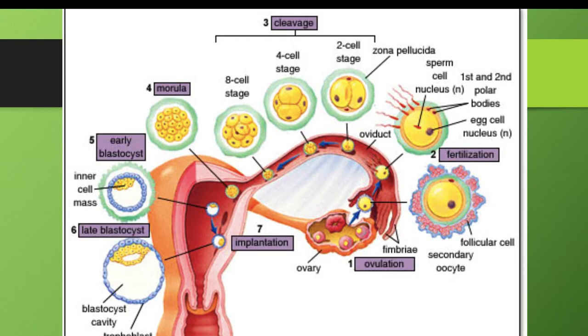So this is a picture of it. I may come back to this one, but basically we already know from the last chapter how the ovary releases the egg down the oviduct.